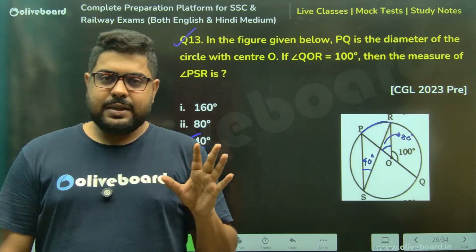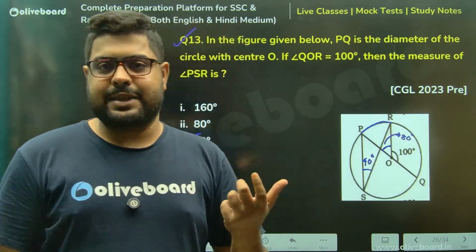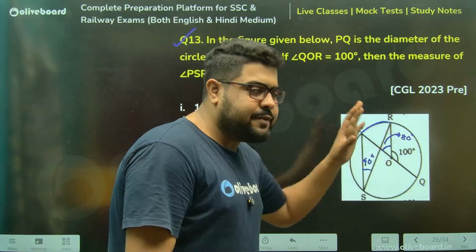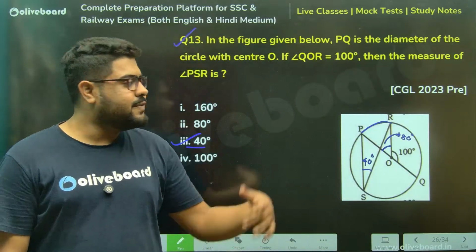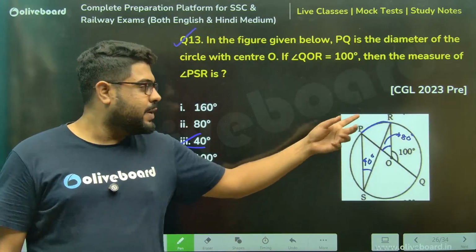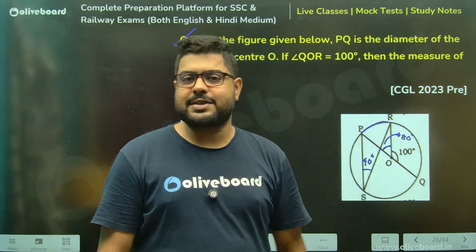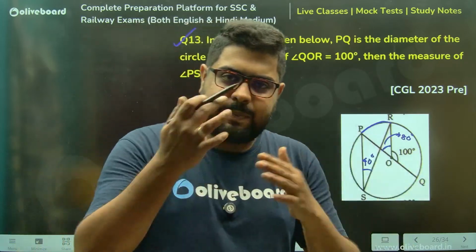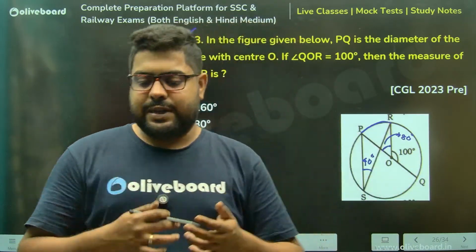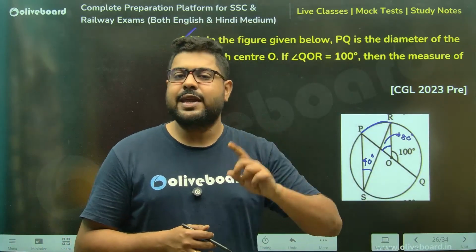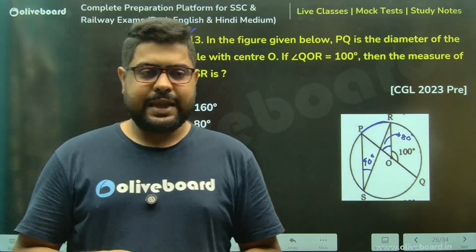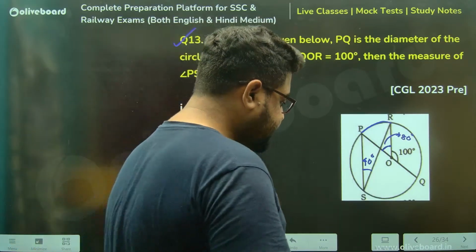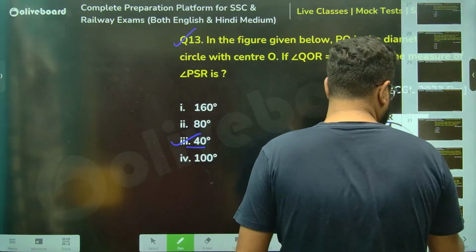But if you don't practice enough, these things will never catch your eye. You will always struggle to find where the central angle is, where the angle on the circumference is, because every figure is different. So you need to be very careful. Clear, sir? Clear, everyone? Okay, next one.